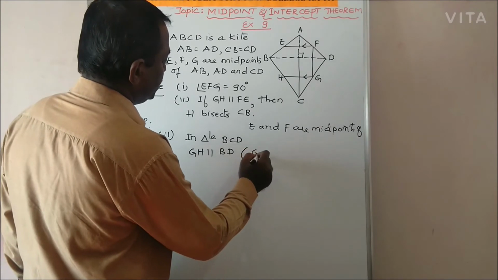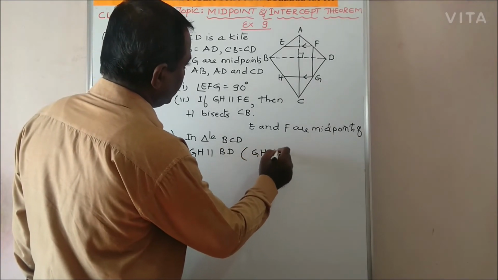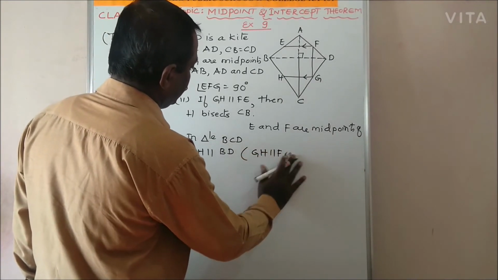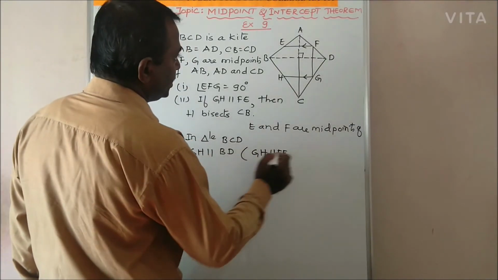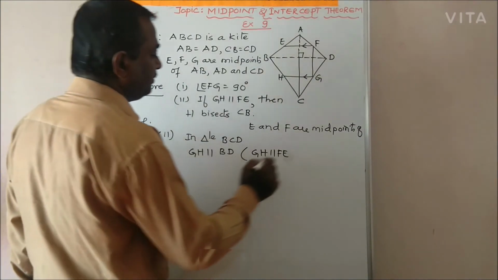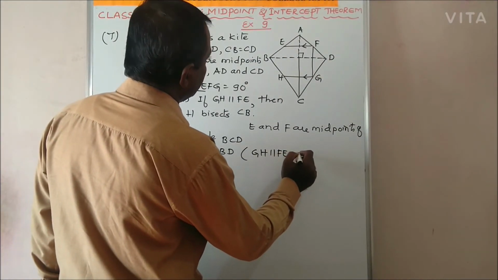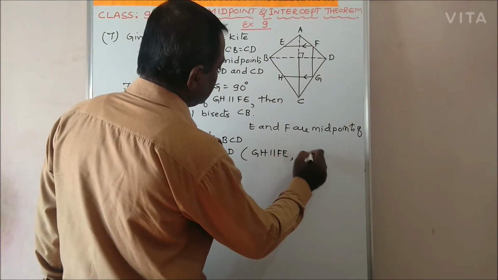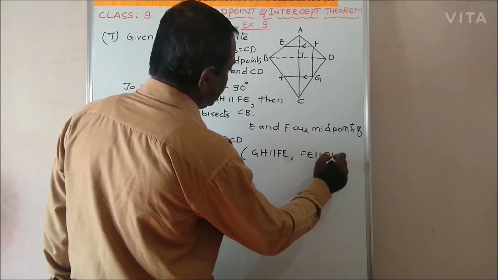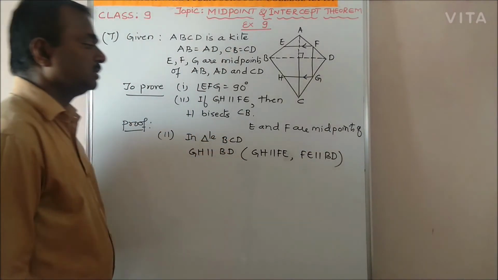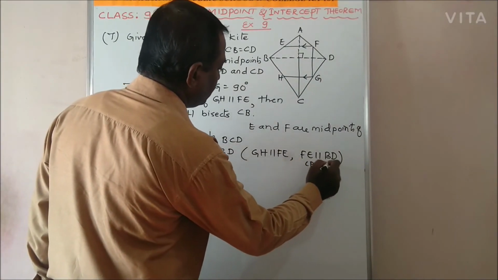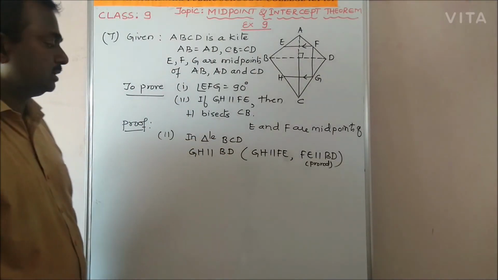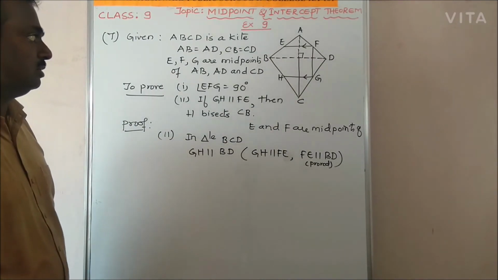They have told GH is parallel to FE, and FE is parallel to BD. Proved. Correct? GH is parallel to BD.